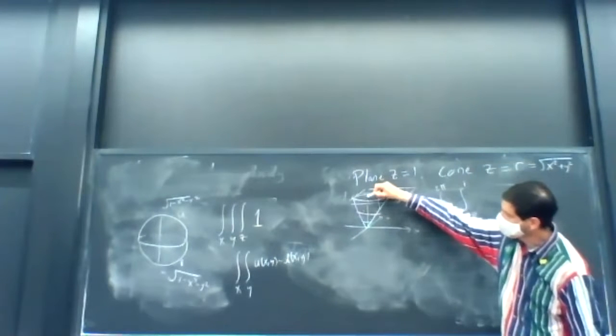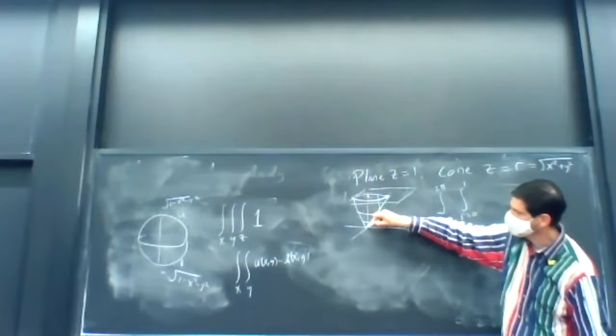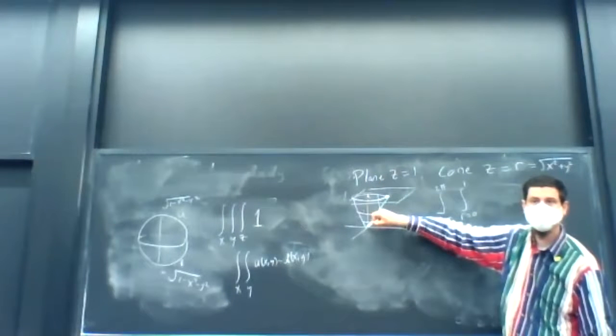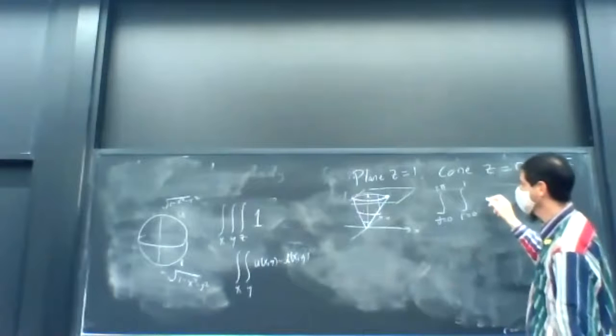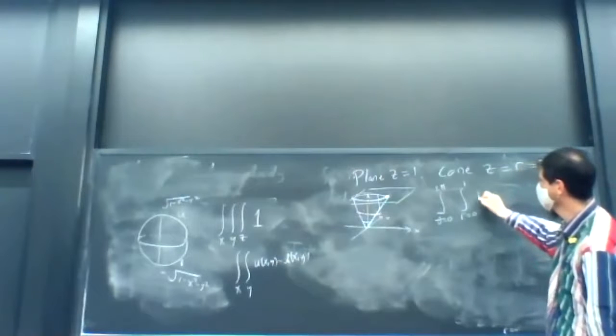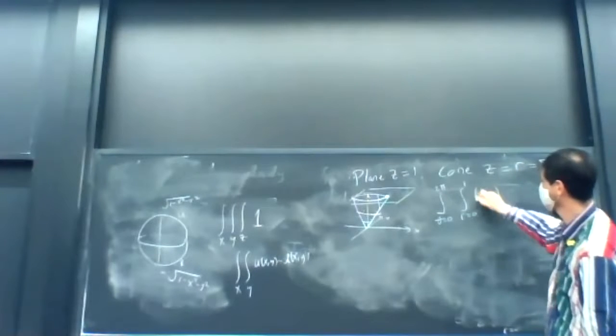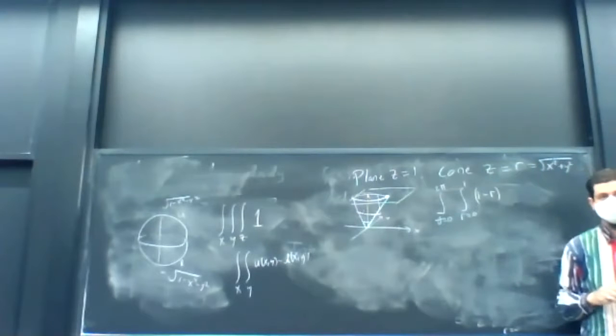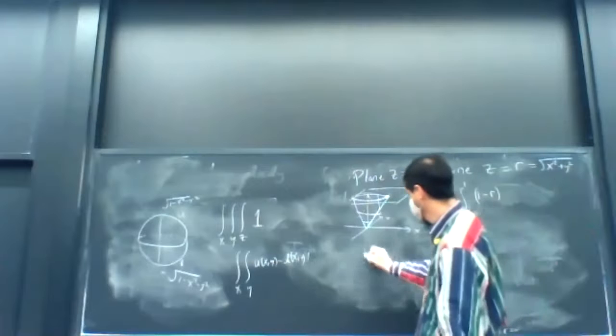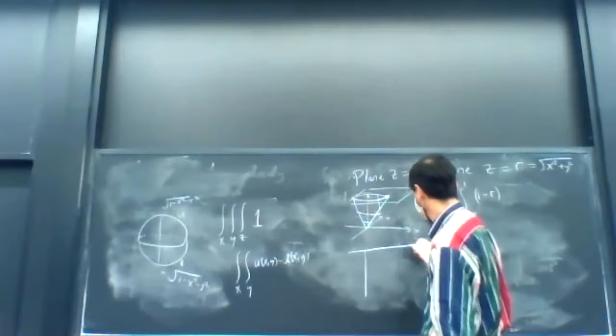And if r equals 0, what's the height difference from here all the way down to here? 1. I think the height is actually going to just be 1 minus r. You're trying to think of how far we're going down. Draw it like this.